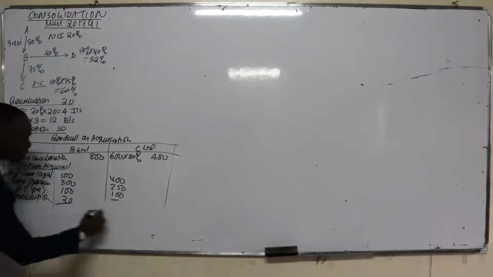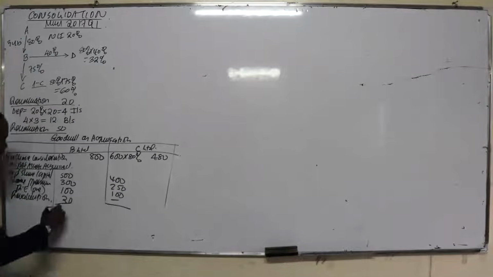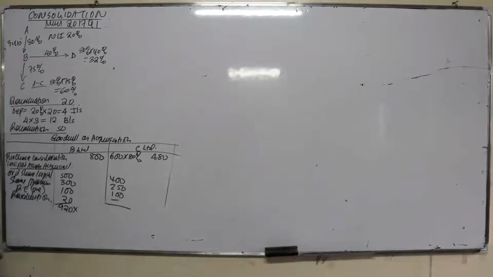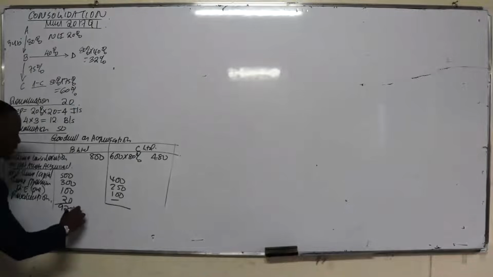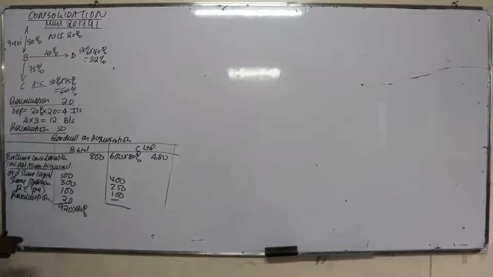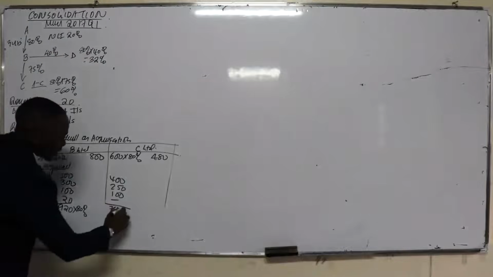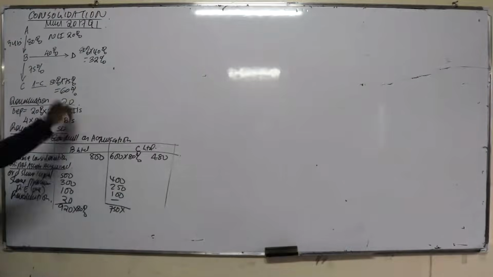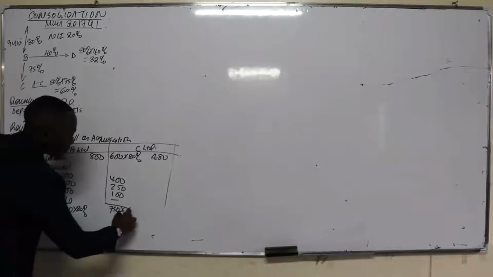So give me the total, 5, 6, 7, 9. That's 920. And then we are controlling B 80%. 4, 5, 6, 7, 750. And then we are controlling 60%. Give me that.